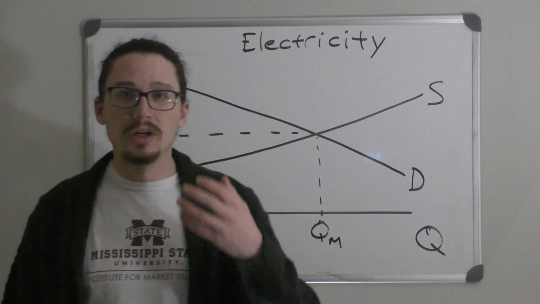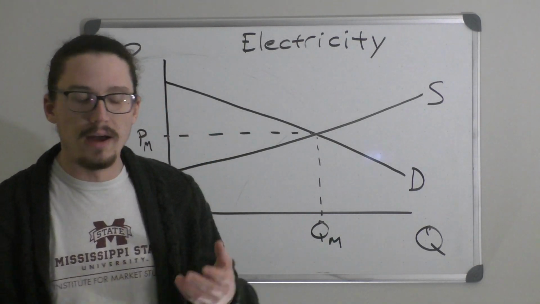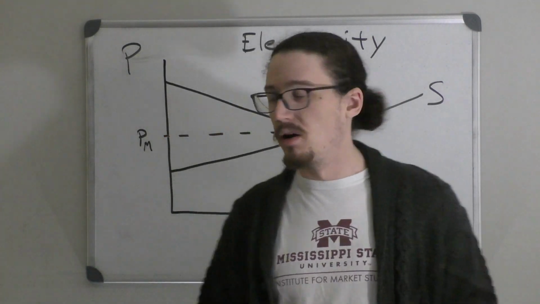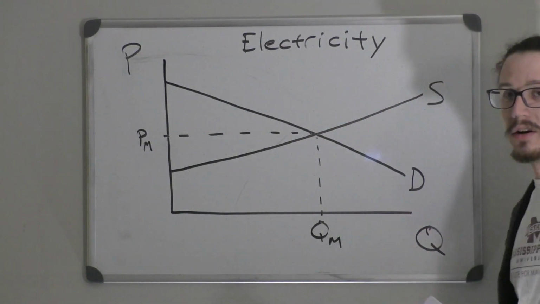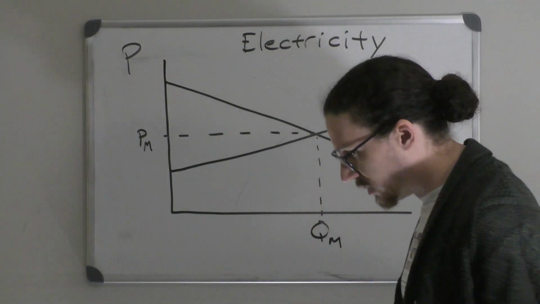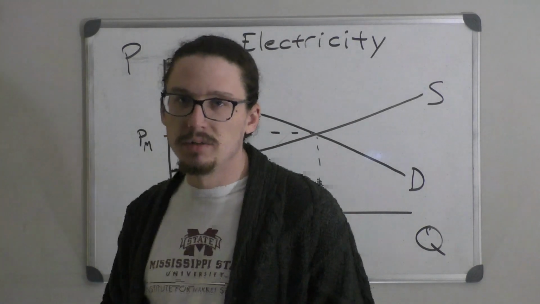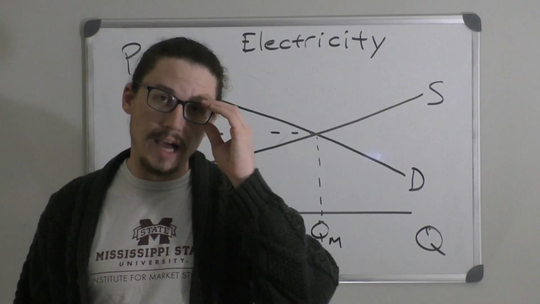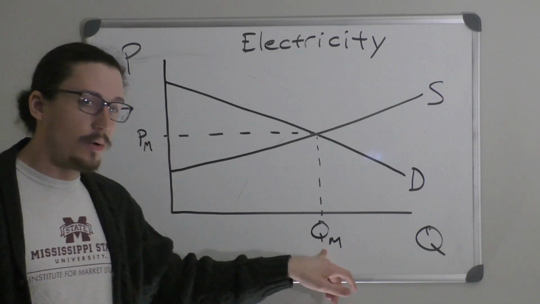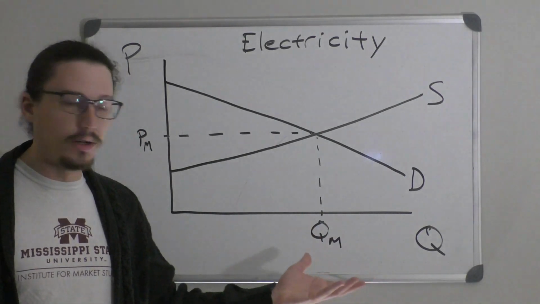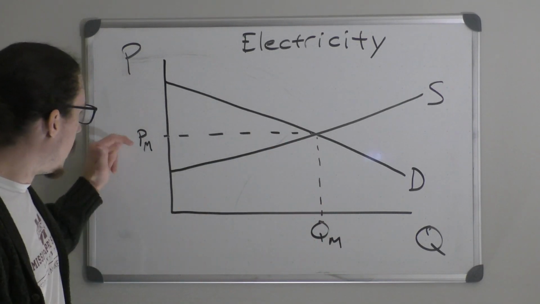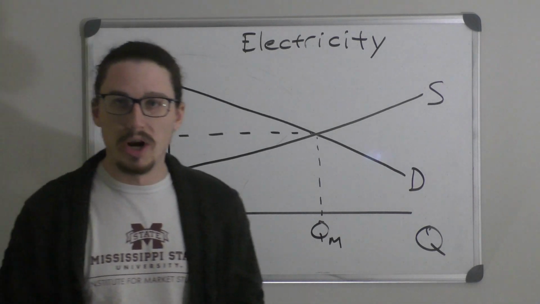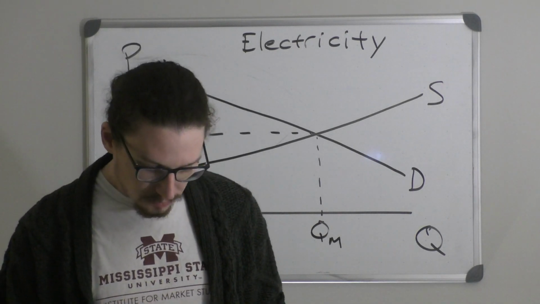So in that case, we're going to reach the equilibrium that we are used to seeing, where our supply and demand curves intersect. That's our equilibrium. We're going to slightly change some terminology. We're going to call this the market equilibrium for the time being. So here we have QM, that's the equilibrium quantity for the market, and then PM, that's the equilibrium price for the market.